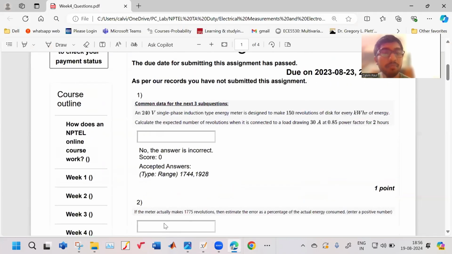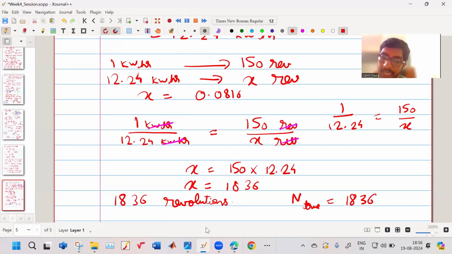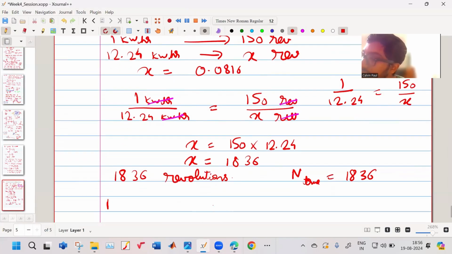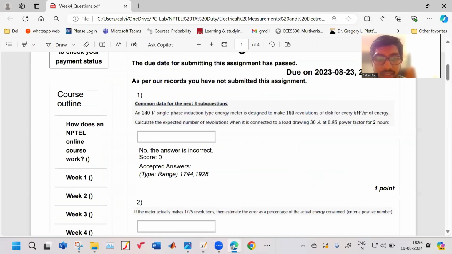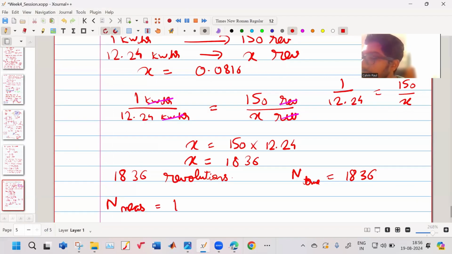And it actually made, instead of making 1836 revolutions, it made 1775 revolutions. Okay, there can be lots of different reasons for that.